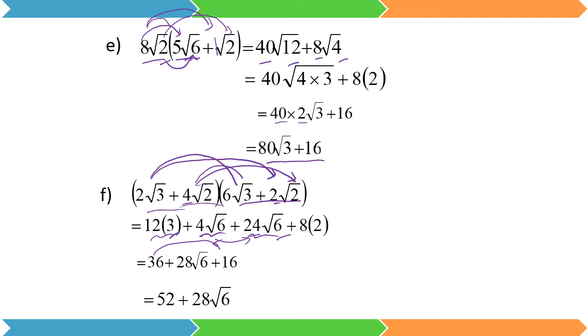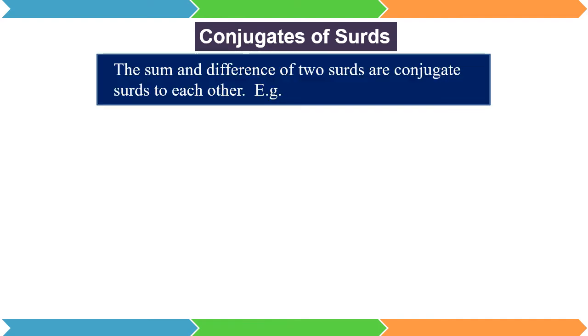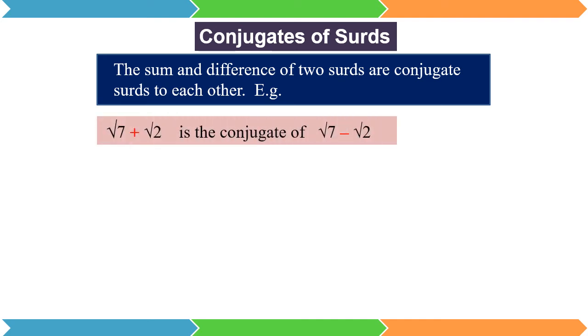Let's move on to the next. So, conjugate of surds. What is the conjugate of a surd? Earlier we learned the conjugate for complex numbers, where we change the sign of the imaginary part. How about surds? The sum and difference of two surds are conjugate surds to each other. What does that mean? It means that if we have surd 7 plus surd 2, the conjugate is surd 7 minus surd 2.